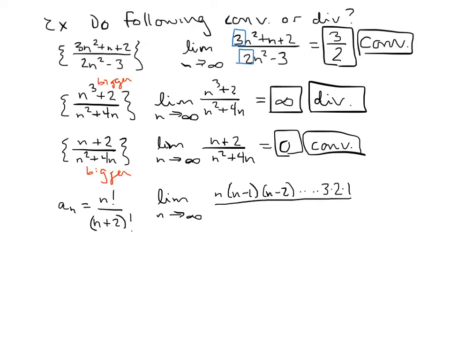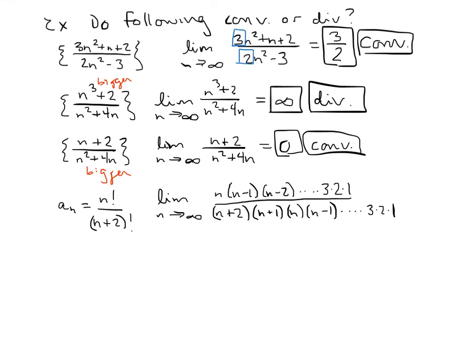So that's expanding out n factorial. I'm going to do the same thing with n plus 2. It's n plus 2. I subtract 1 from that, that's n plus 1. I subtract 1 from that, and that's n. Subtract 1 from that, and that's n minus 1. And that would continue until we hit 3 times 2 times 1.